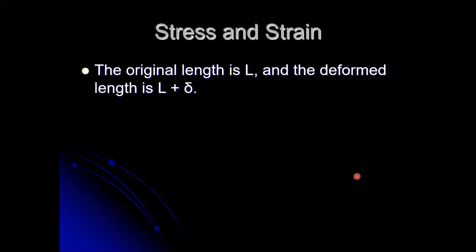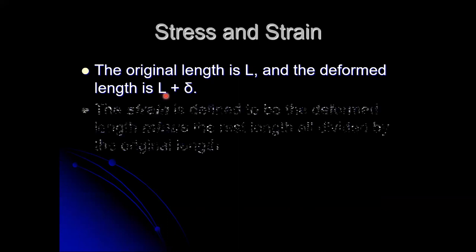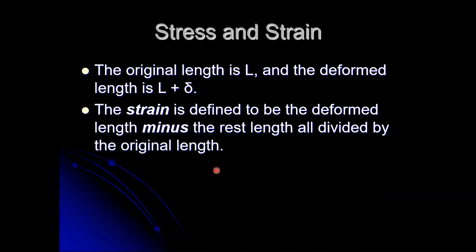So in strain, we look at the elongation delta, the 10 inches in my previous example, and we spread it out over the rest length, the 100 inches. That gives us the strain. The strain is the elongation divided by the original length.